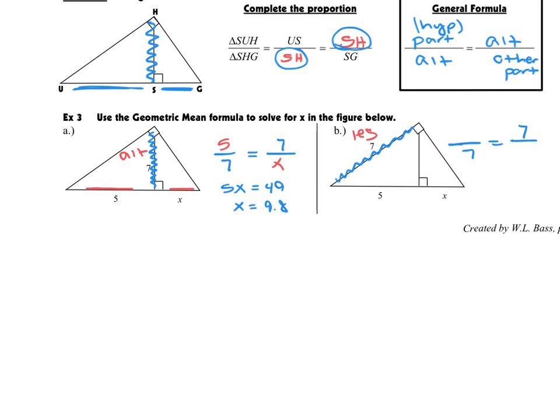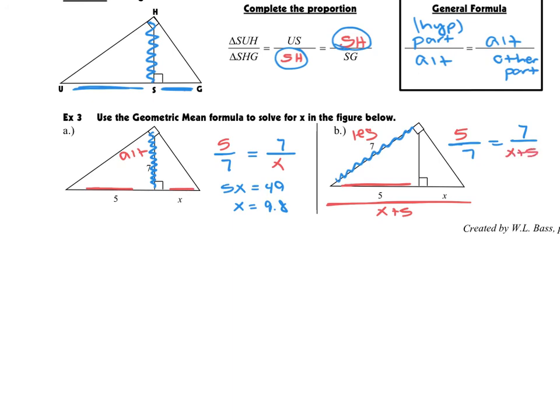The leg from our general formula up above is the geometric mean between the touching part of the hypotenuse and the whole hypotenuse. So this will become an x plus 5. So now I'm going to fill in those values. I'm going to put a 5 and an x plus 5.